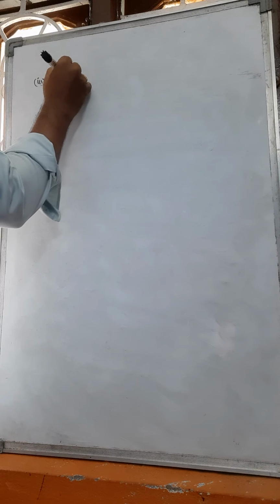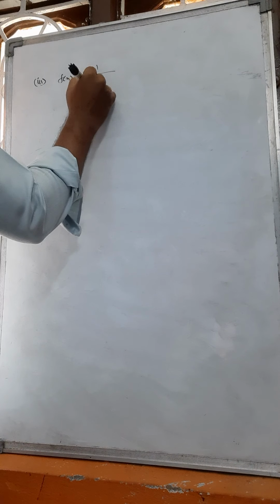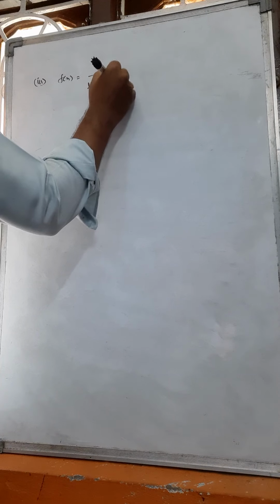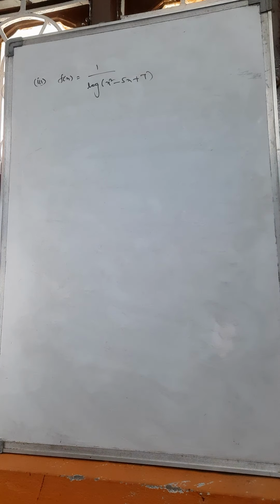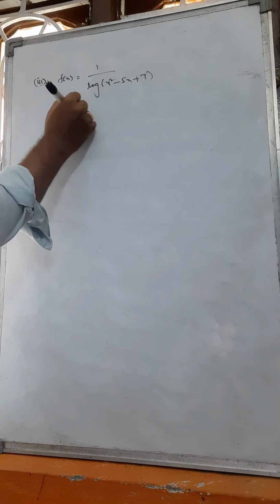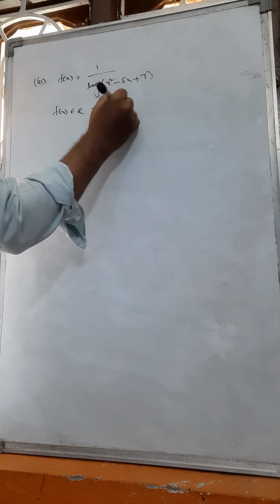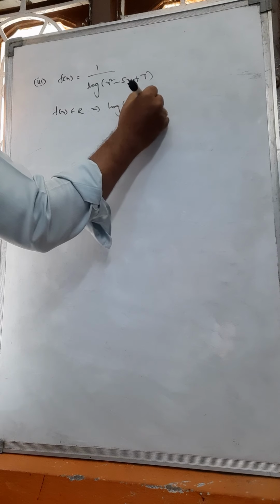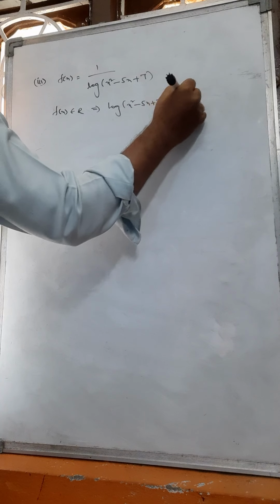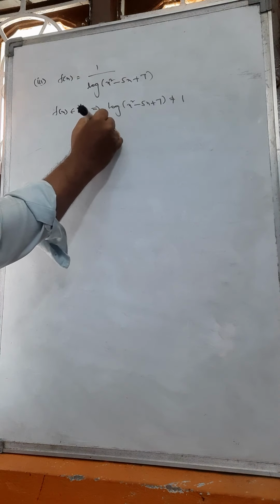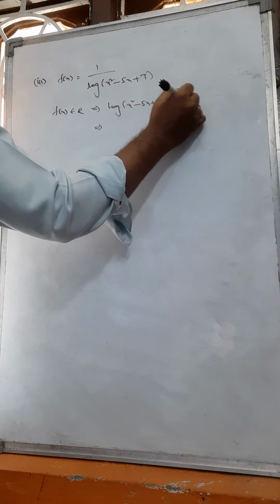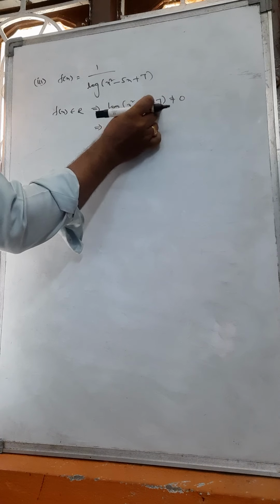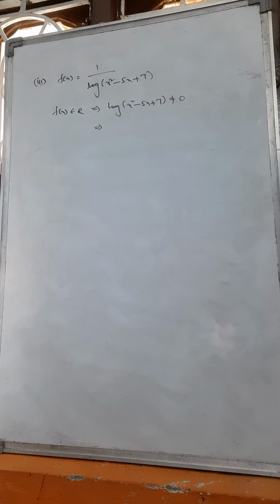The next problem: f of x equal to 1 by log of x square minus 5x plus 7. So f of x belongs to capital R. Log of x square minus 5x plus 7 is not equal to 0. The log function will be equal to 0 when its inner function is equal to 1.